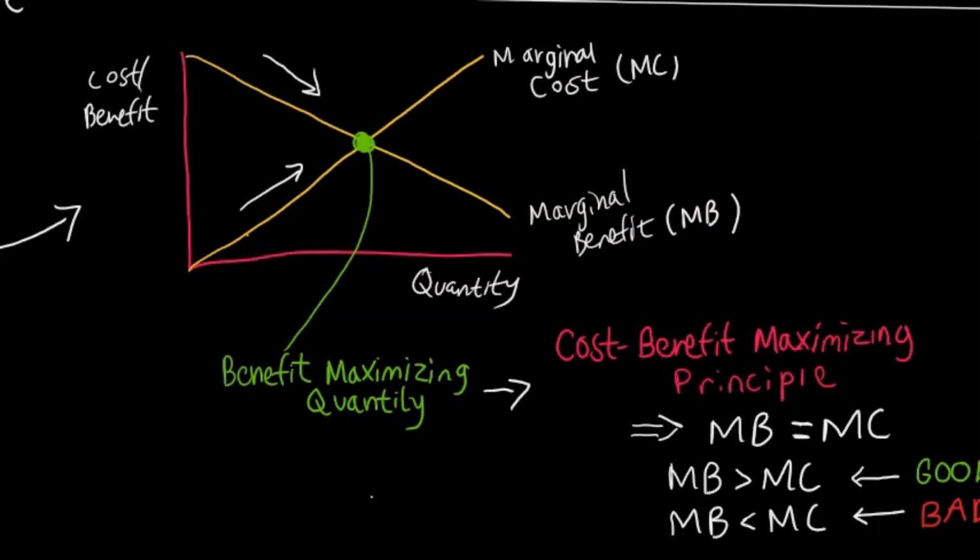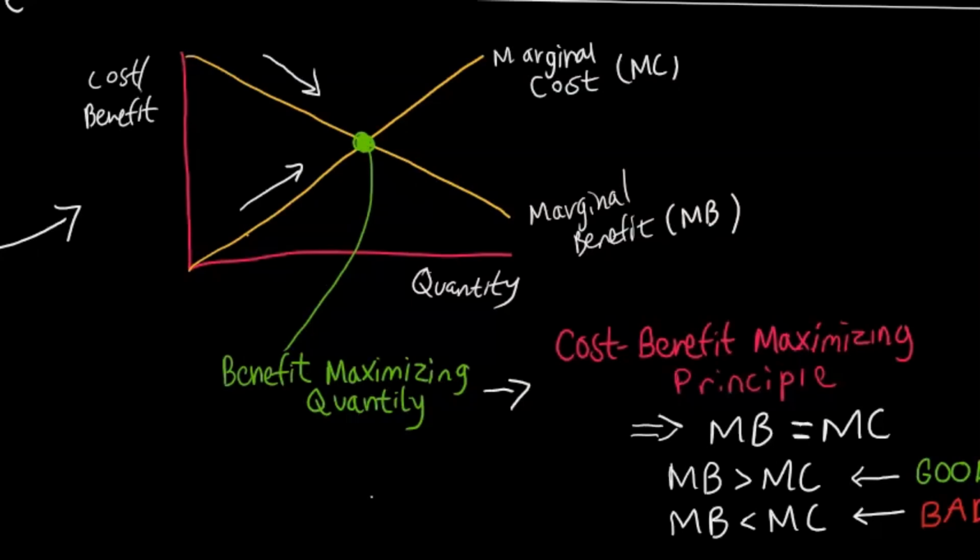But eventually you're going to hit a certain point called the benefit maximizing quantity, okay? So basically at this point is where you no longer want to consume more of that product or service because you're actually going to be hurting yourself in terms of utils or satisfaction rather than getting a net positive there, right? So once you go past a certain point, because marginal cost increases now, and marginal benefit, as we talked about before, decreases as you consume more, you're actually going to get a net negative, right?